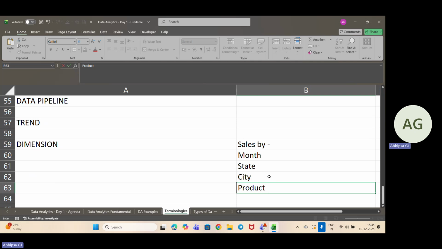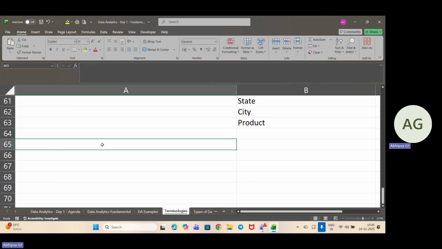Okay. Next we have the insight. What are insights? Insights are useful discoveries or useful findings. So if, based on the data, I have learned the data, pre-processed the data, and then visualized the data, from visualization I got one insight.